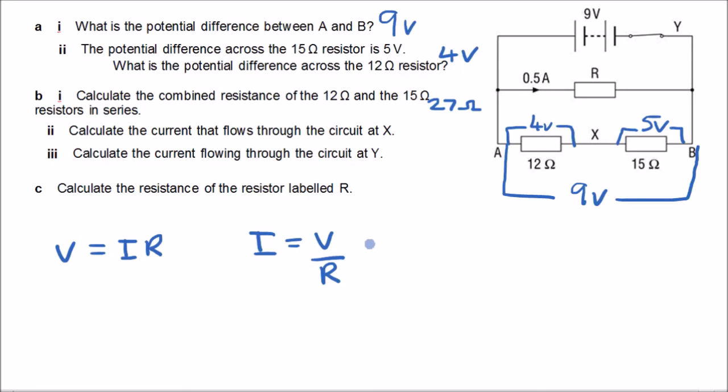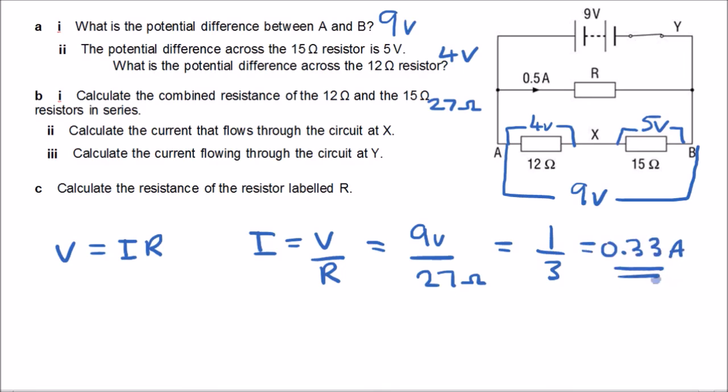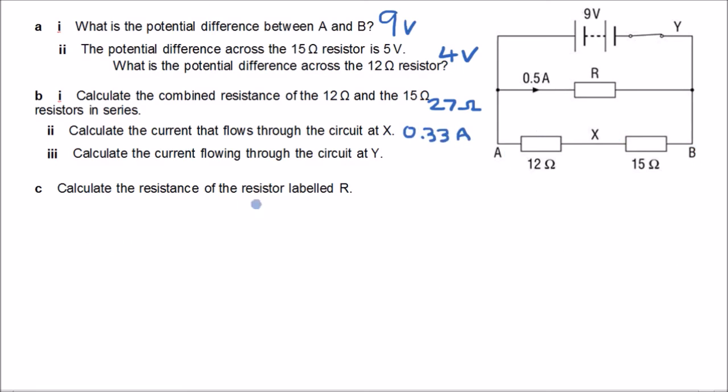So our V is 9 volts and we're dividing that by 27 ohms. That's 1 over 3, which means 0.33 amps traveling through point X. So the current that flows through the circuit at X, 0.33 amps.